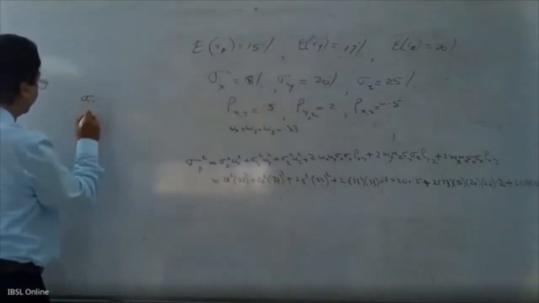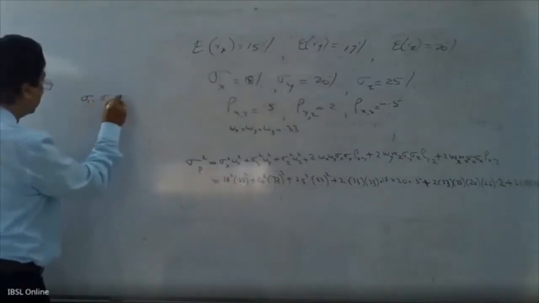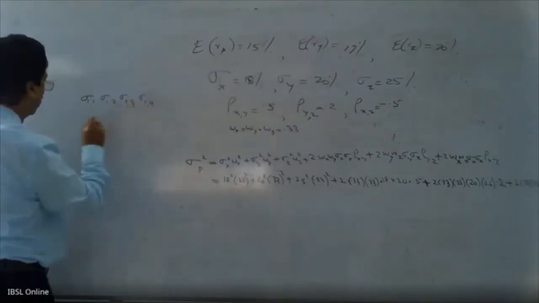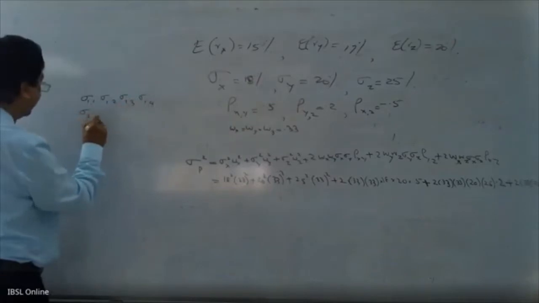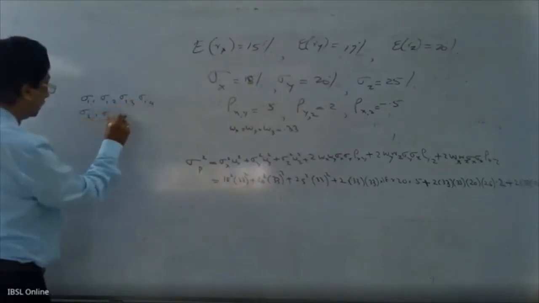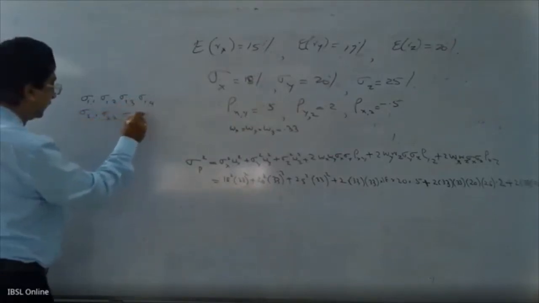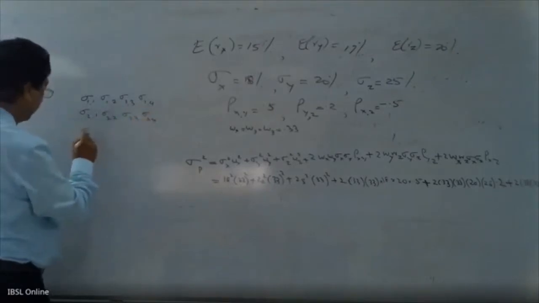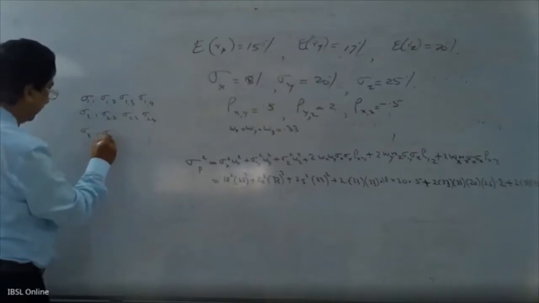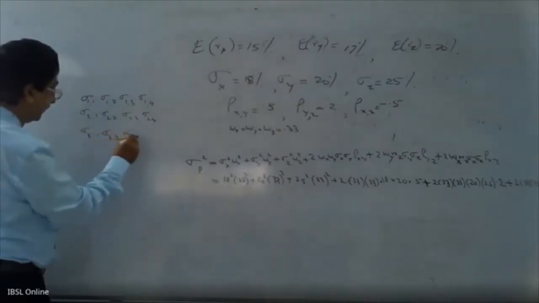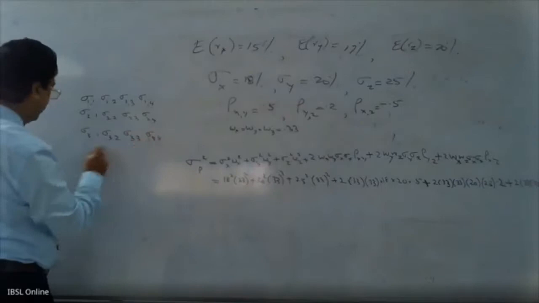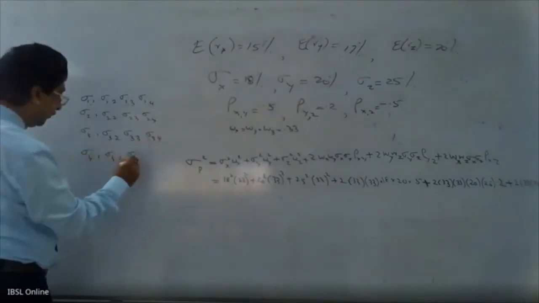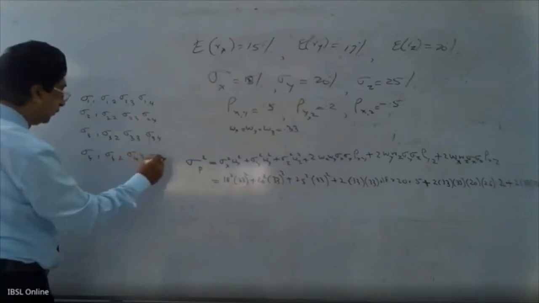Sigma 1,1, sigma 1,2, sigma 1,3, sigma 1,4. Then sigma 2,1, sigma 2,2, sigma 2,3, sigma 2,4. Sigma 3,1, sigma 3,2, sigma 3,3, sigma 3,4. Sigma 4,1, sigma 4,2, sigma 4,3, sigma 4,4.